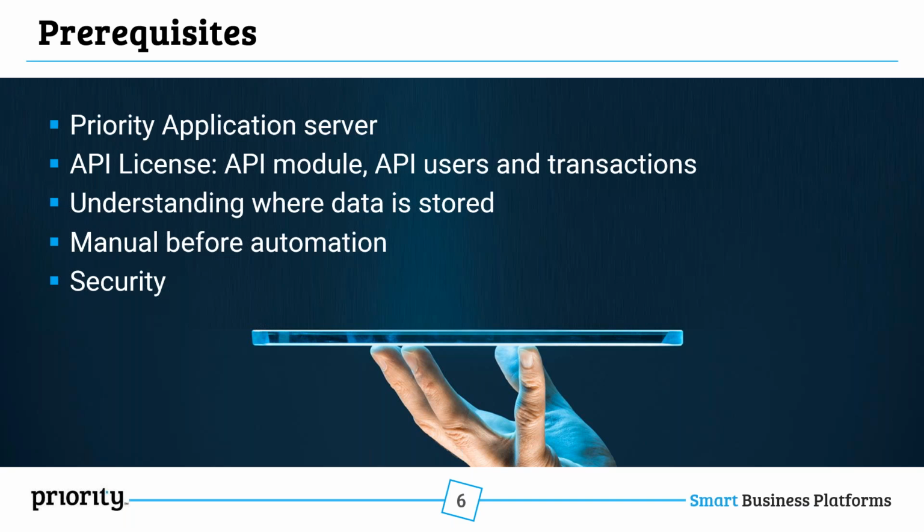You will have to acquire the API module and API users, and if you want to use REST API for writing data into Priority, you will also have to get a transaction bundle for writing and updating data using REST API.